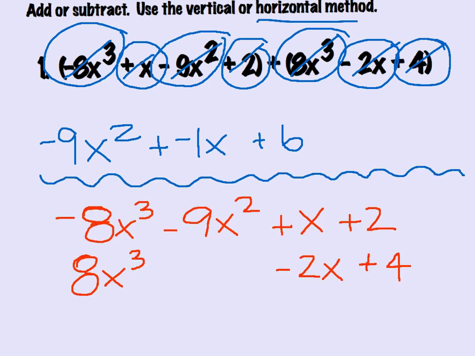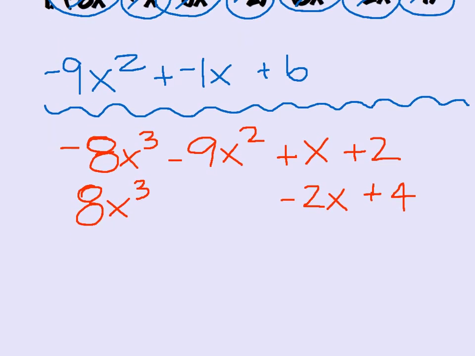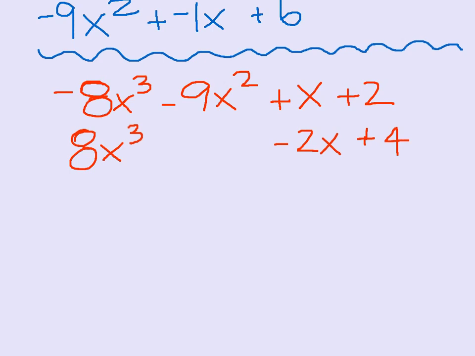To show you the vertical method, I rewrote the problem in a vertical manner like this. This reminds me of when we did the elimination method in chapter 7. I put the first polynomial on top, and I rewrote it in standard form, and then I put the trinomial below it.